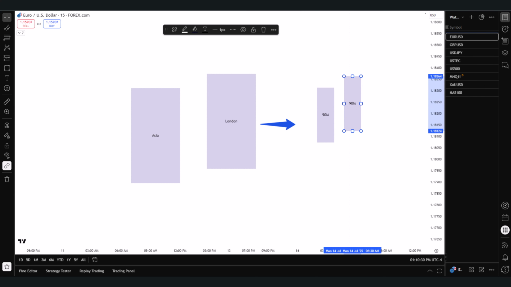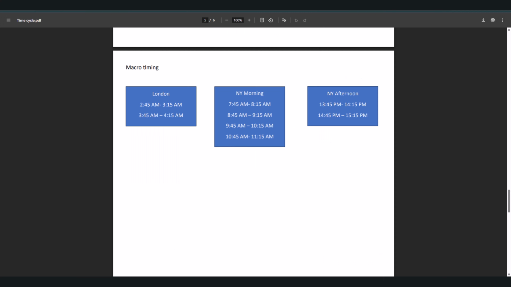Now let's go to step 3. Macro timing. Entry must be placed during these time periods. For London, 2:45 am to 3:15 am, 30 minutes. 3:45 am to 4:15 am.